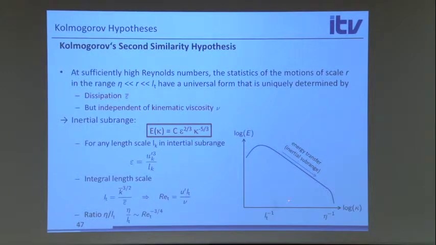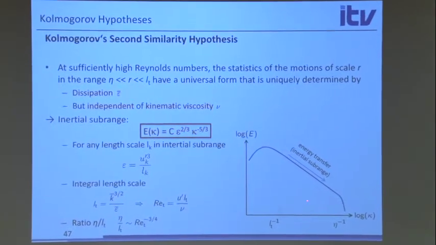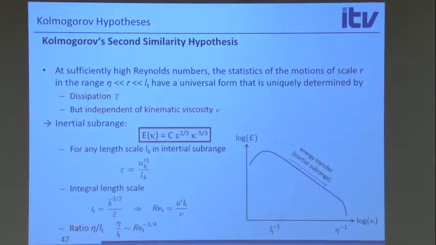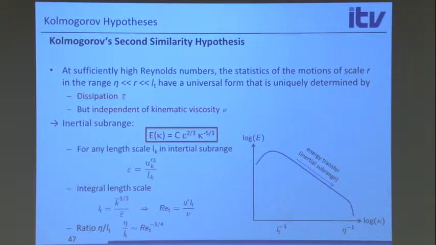What that also means is that if I pick an eddy here, and that's for us the more important thing, if I pick an eddy of a certain size, let's call this size L_K. It's not a particularly large eddy, not a particularly small eddy. We just pick an eddy of a certain size. The kinetic energy of that eddy, according to this hypothesis, depends only on its size, which is the wave number, and epsilon.